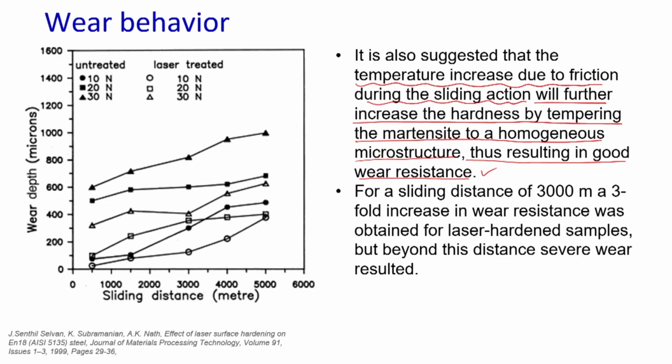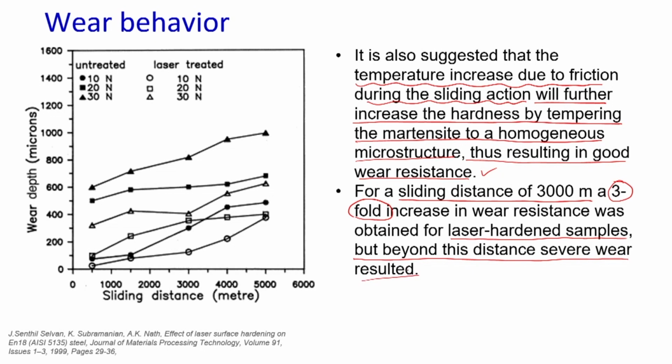Now, if we look at a sliding distance of about 3000 meters, there is an increased wear resistance value by threefold in the laser hardened samples, but beyond this distance a severe wear resulted.